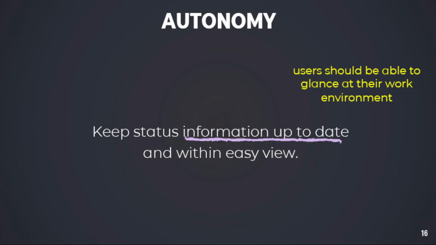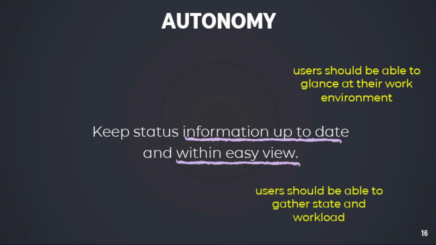The data that they are trying to access is in relation to their work environment. Okay, so it has to be up to date or updated in such a way that the users will be able to use that information. Within easy view means that the user should be able to gather the state of their work and their workload.